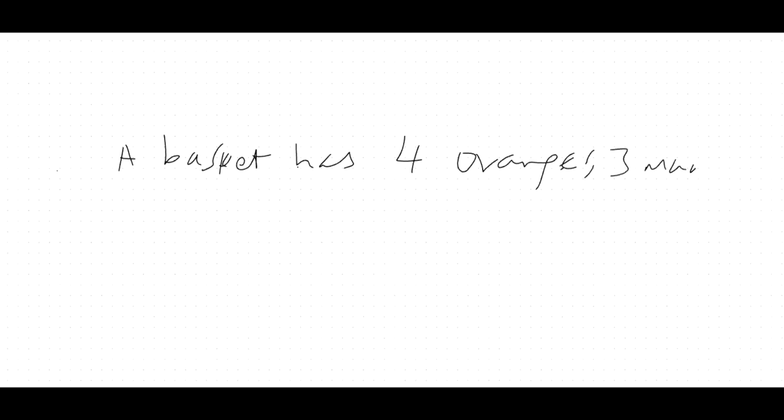So you can say a basket has, say, 4 oranges, it has 3 mangoes, and then it has 5 apples.